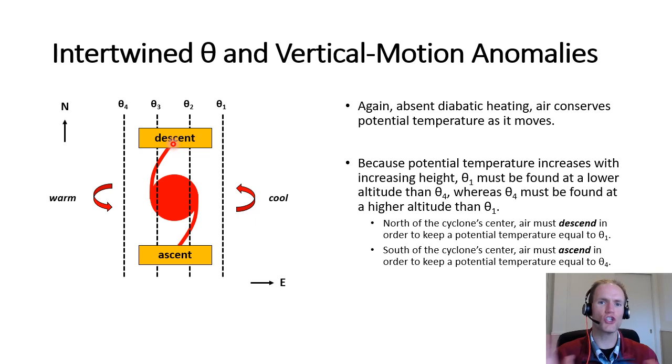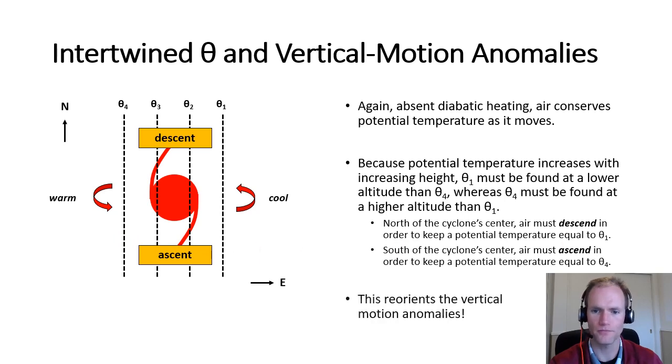So we have this change. They start off, vertical motion and potential temperature lead to identical or co-located temperature anomalies, but then once you have those temperature anomalies, suddenly they become out of phase because of this idea of potential temperature being conserved as air parcels move around the cyclone.